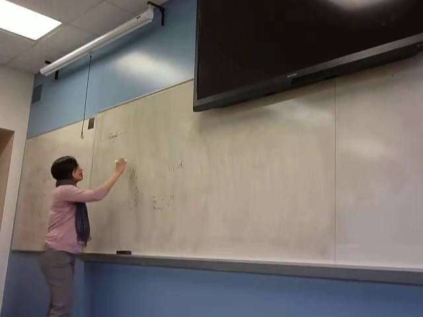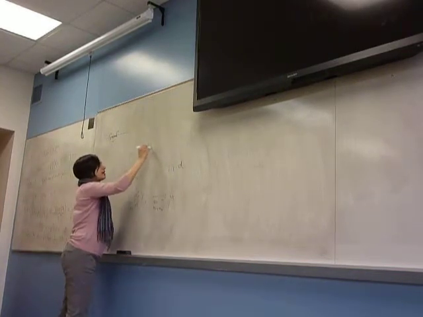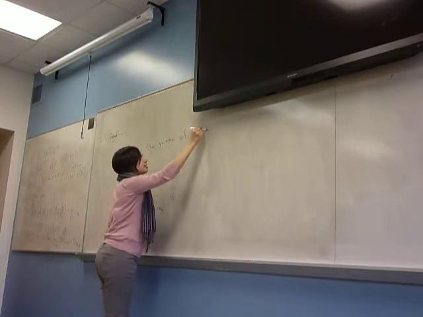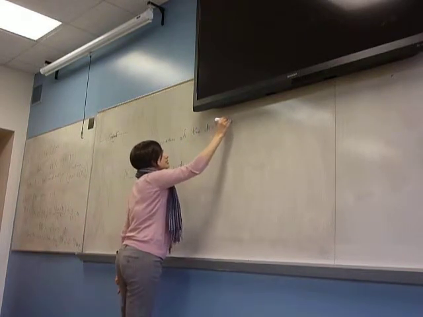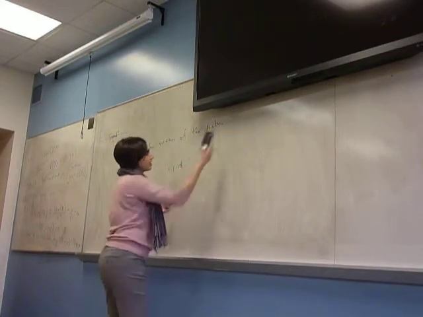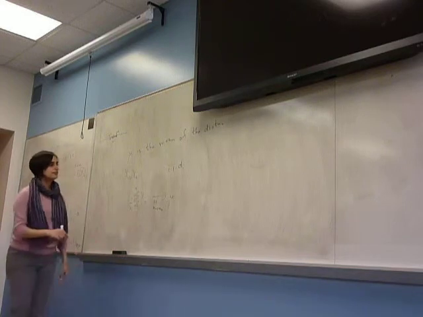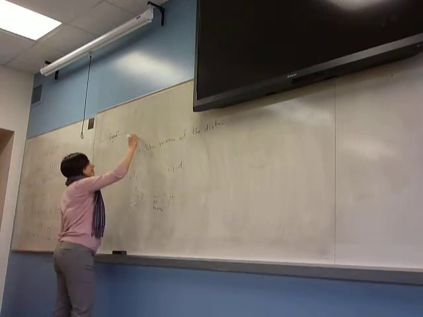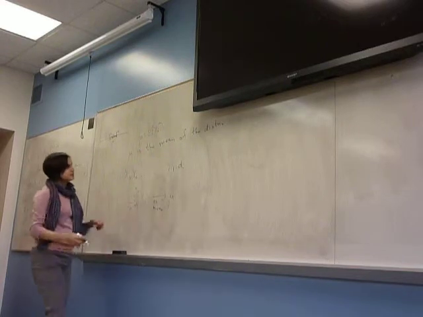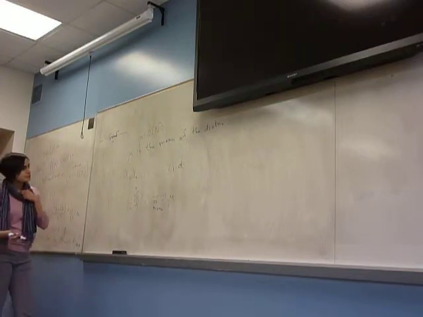So mu is the mean of the distribution. There's only one distribution I'm sampling from. So mu is the expected value of Xi for all i, because they're sampled from the same distribution.